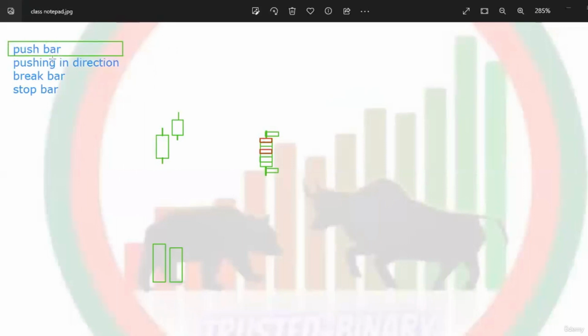So what's the push bar? Basically, suppose think that in this candlestick, this volume information we get, like this is the volume like 50. Now here, like 130. By the seller side here, like 60. Here, like 20. Here, like 10.